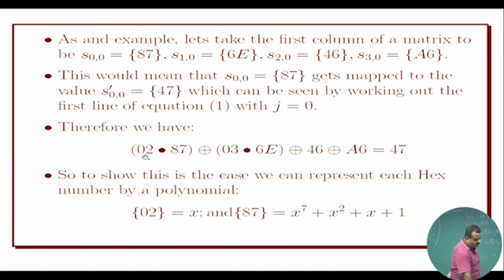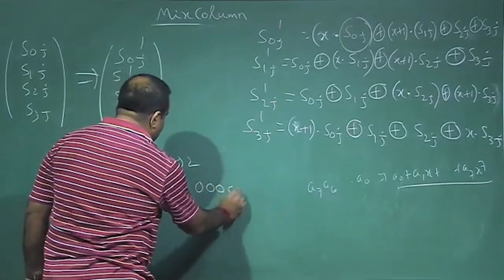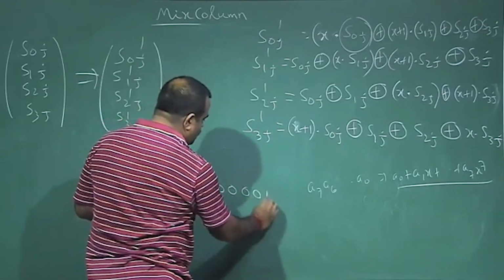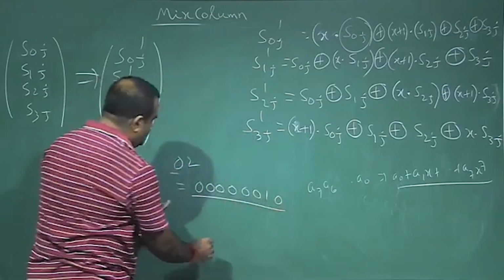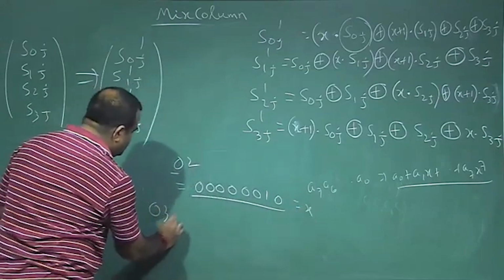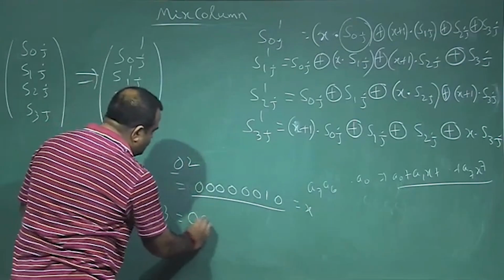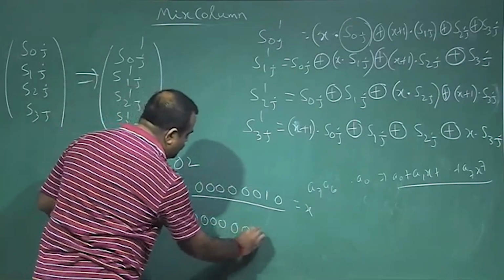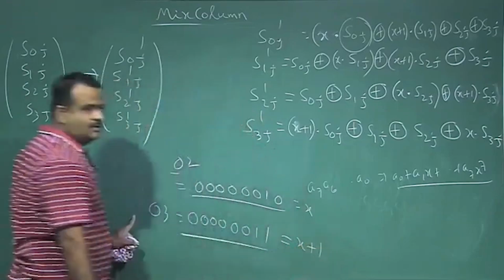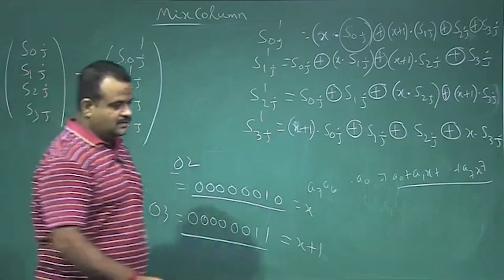So 0 into 2 means it is just x. 02 is in hex notation, and 2 means 0 0 1 0, so this is basically x. And 03 means 0 0 1 1, so this is basically x plus 1 in this system.